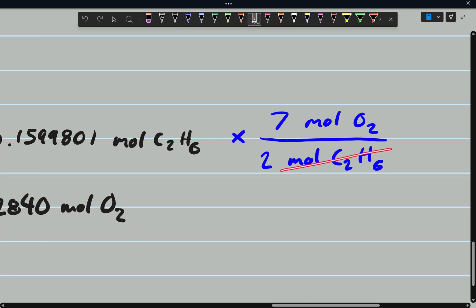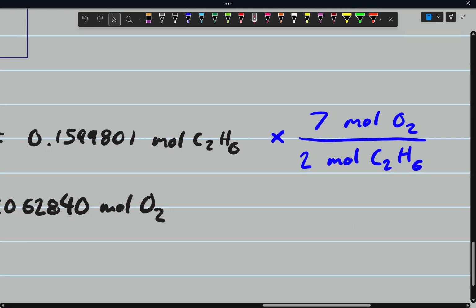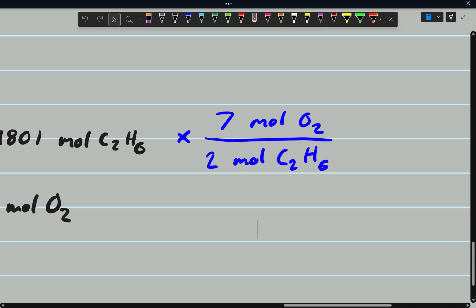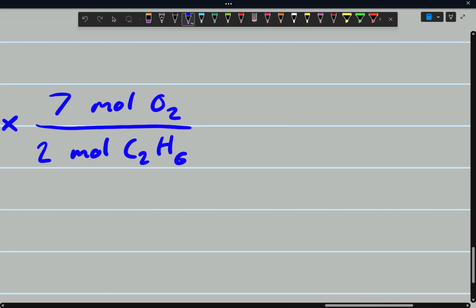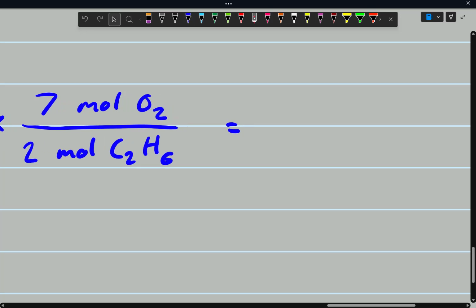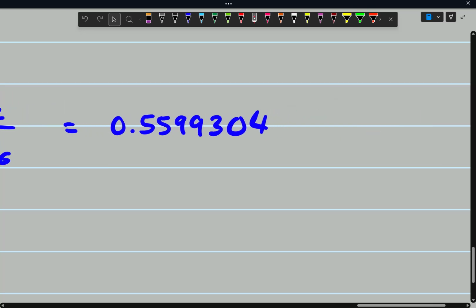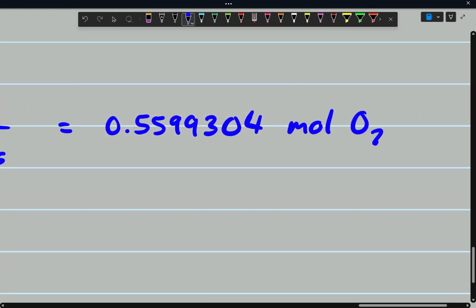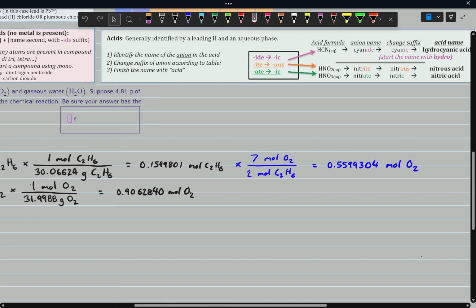As before, the moles of ethane will cancel, and that just leaves you with 0.15998 multiplied by 7 divided by 2. So plug that into your calculator, and you end up getting 0.5599304 moles of O2. And with this, we have enough information to determine what our limiting reactant is.